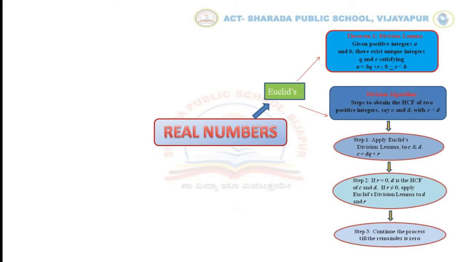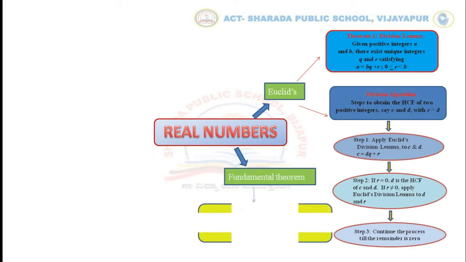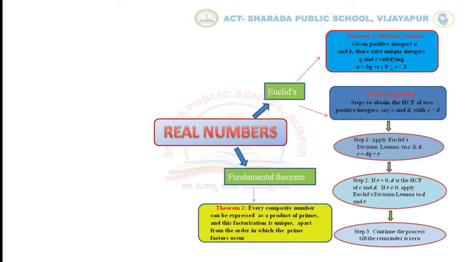Now we will go to the second part of real numbers, that is fundamental theorem of arithmetic. This theorem tells that every composite number can be expressed as a product of prime numbers, and this factorization is unique apart from the order in which prime factors occur. You know what a composite number is?